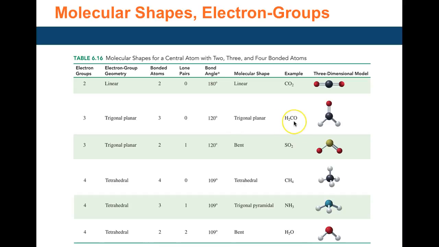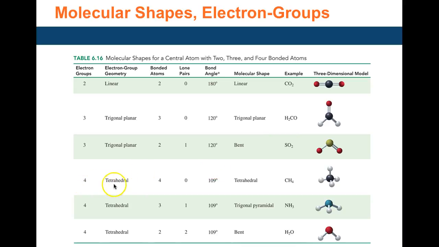Formaldehyde, H2CO, is an example of that. If it is 3 electron groups, it should be trigonal planar according to the electron group geometry. However, 2 of them are bonds and 1 is a lone pair. So its bond angle, again, should be less than 120, and the molecular shape is not the same as the electron group geometry. It's bent, okay? And the example is SO2.